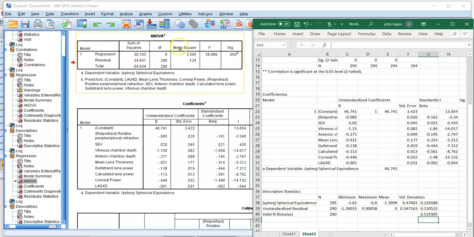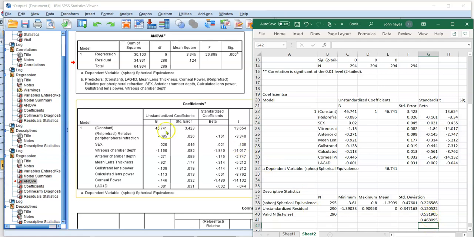Now, in our ANOVA table here, we have two things that account for all the variability. We have the error and we have the model. So, to get to the model variance, we just take 1 minus 0.53. And that's 0.46. The proportion of the y variance, the variance of spherical equivalence, accounted for by the model is 0.46.